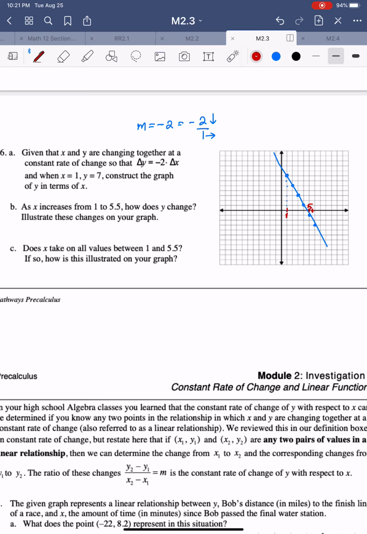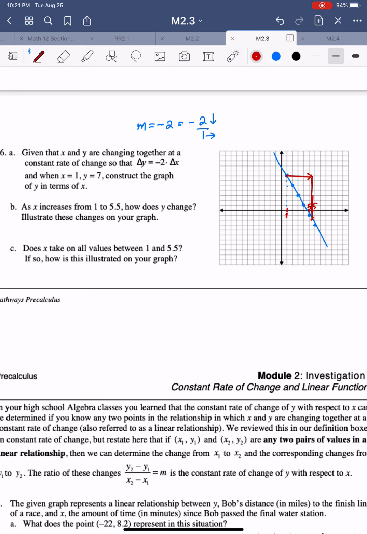So x changed this much. And then how does y change? Y changes from here all the way down to here.